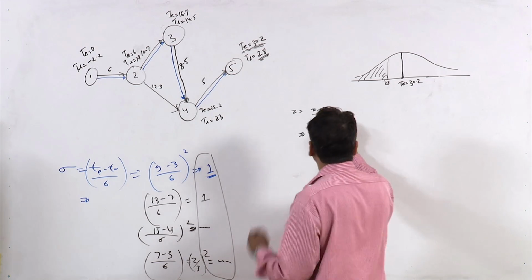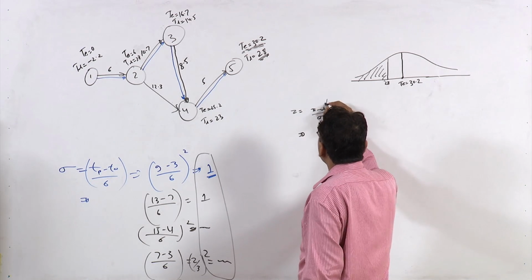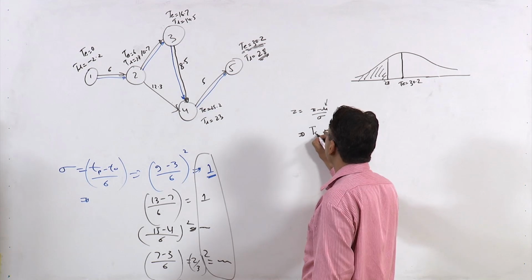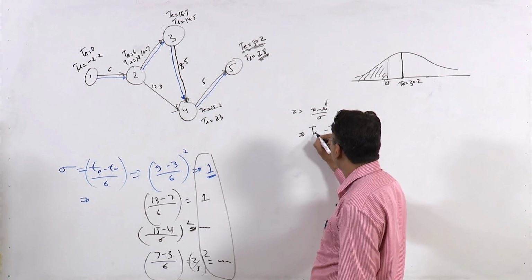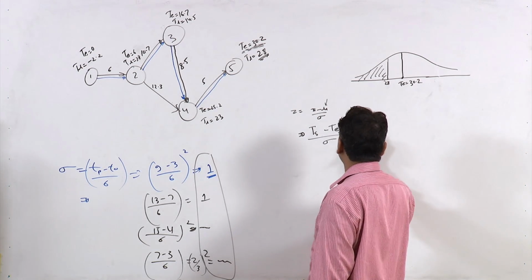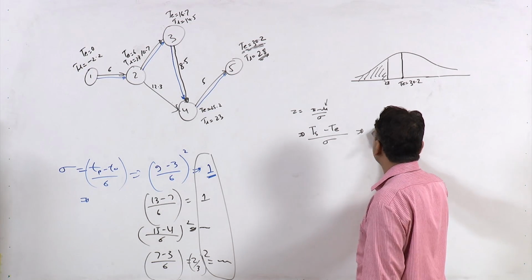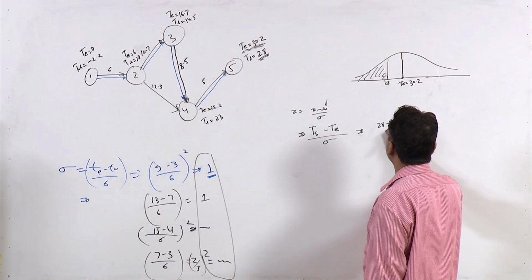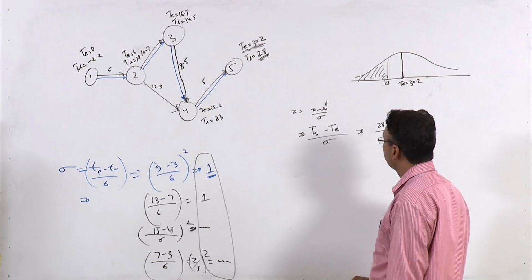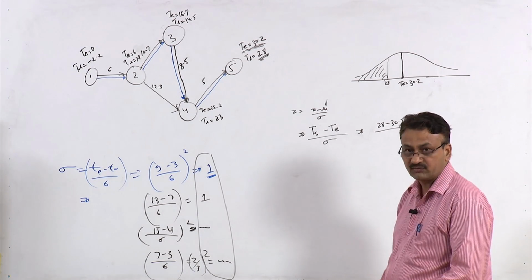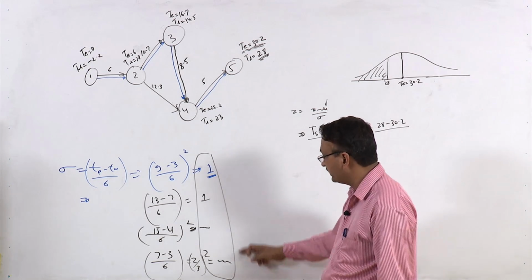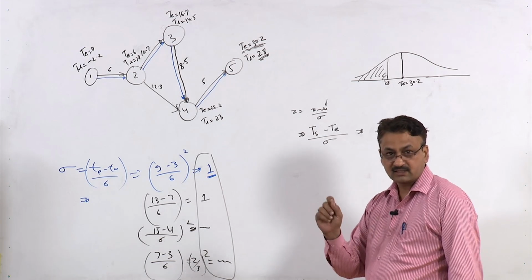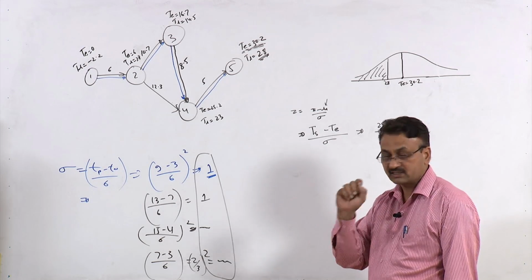Here mu is nothing but TE, and x is TS, the scheduled completion time, divided by sigma. So x minus mu is 28 minus 30.2, divided by sigma. First calculate the variance and then take the square root of it, and you will get the sigma value.